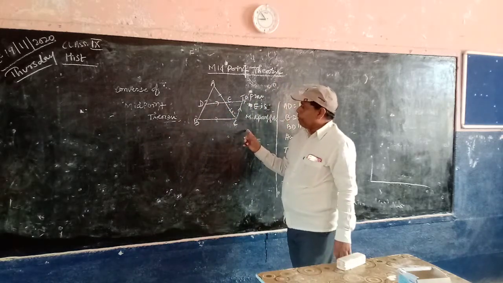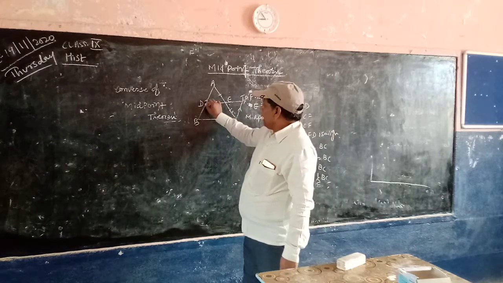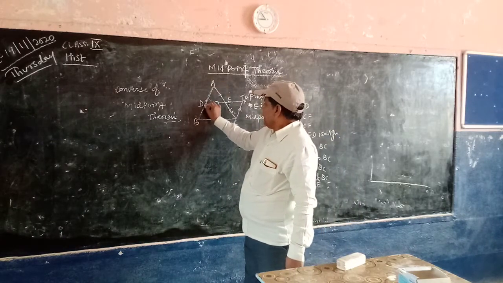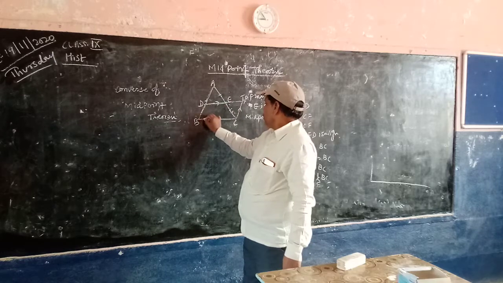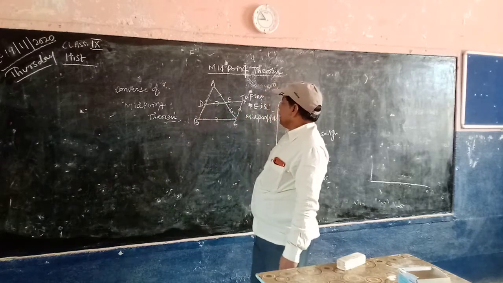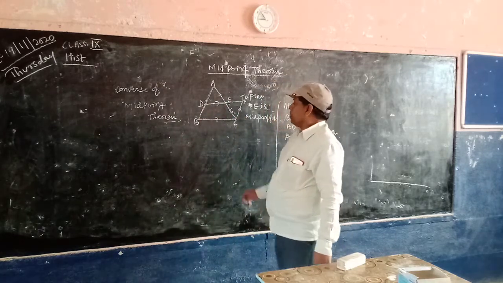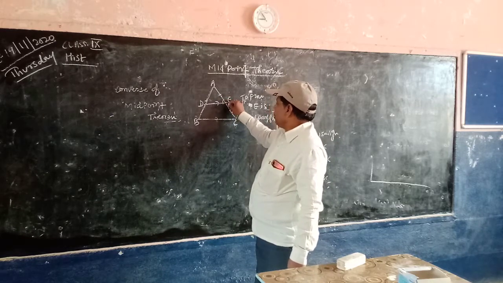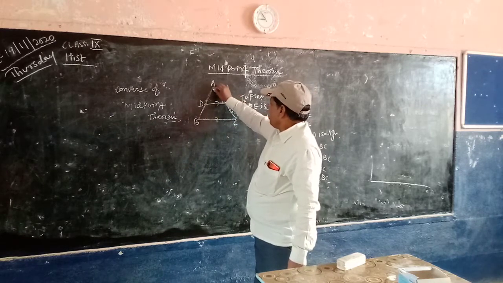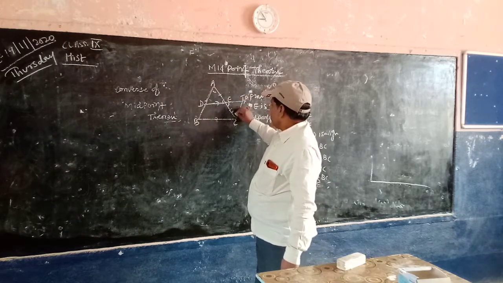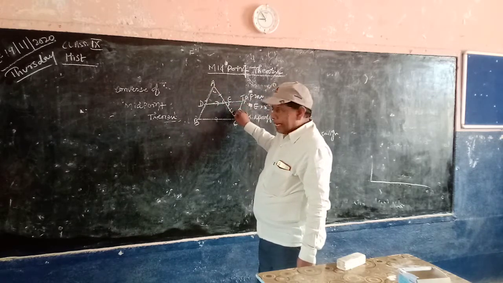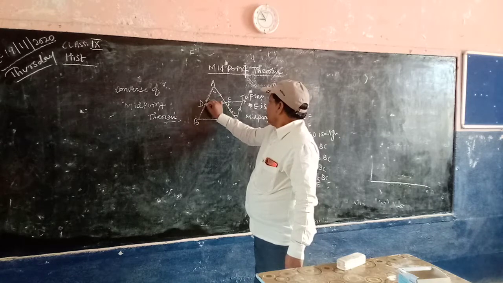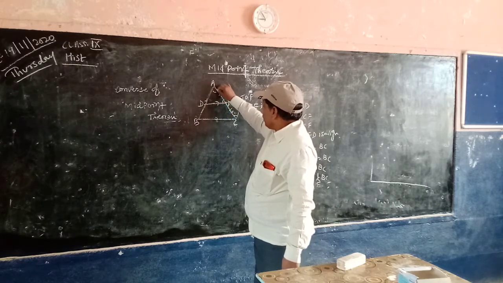In the parallelogram, D is the midpoint of AB and DE parallel to BC. This angle is vertically opposite, equal, and this angle equal to this, alternate. So E is the midpoint of AC.